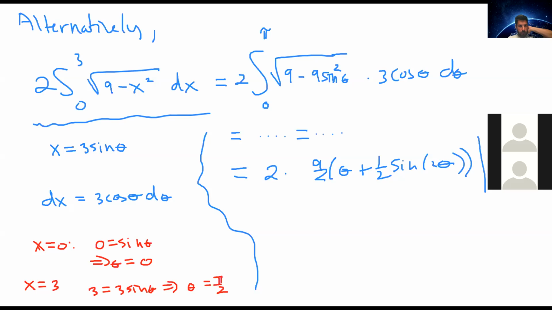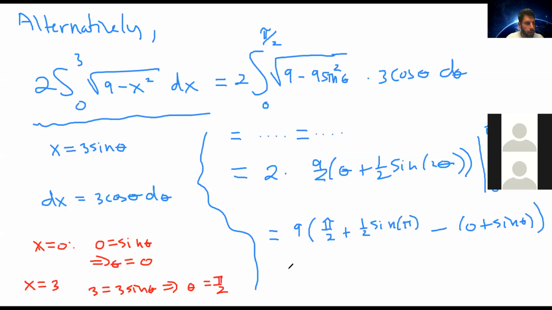And you're evaluating that from 0 to pi over 2. And so this just becomes 9/2, and then you plug in pi over 2, so you're left with pi over 2 plus 1/2 the sine of pi. And then that's minus what happens when you plug in the 0, so you get 0 plus sine of 0. And those all go away. The only thing that survives is 9 pi over 2.